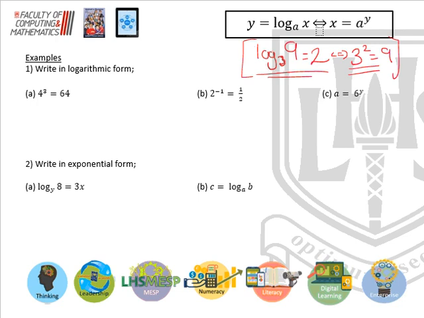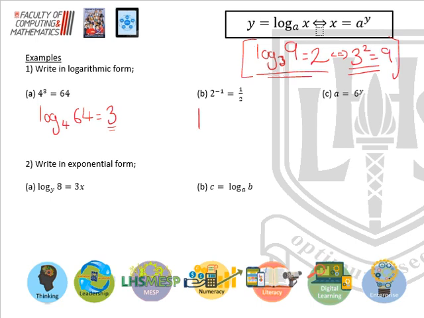Okay, so this one here, 4 cubed is 64. So here when we write it in log terms, your base is 4 because that's the thing that's getting raised to your power. 64 is what we put in there beside your base. And that has to equal 3, because the 3 is your power there. That's your logarithmic form.